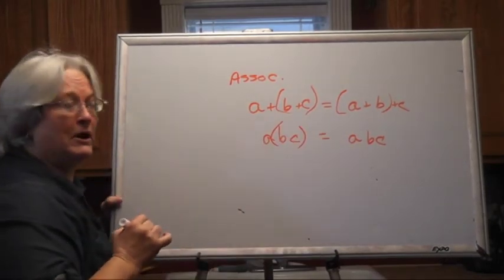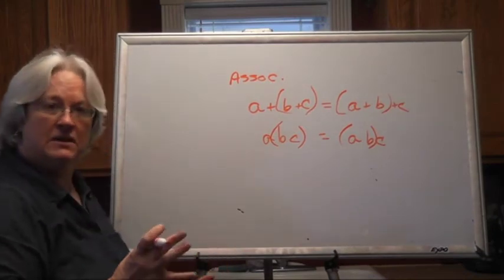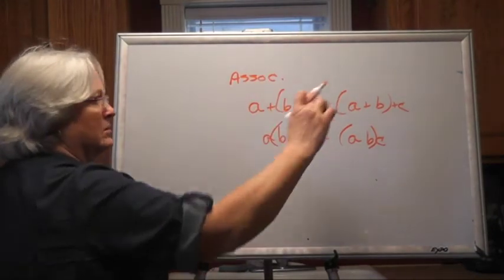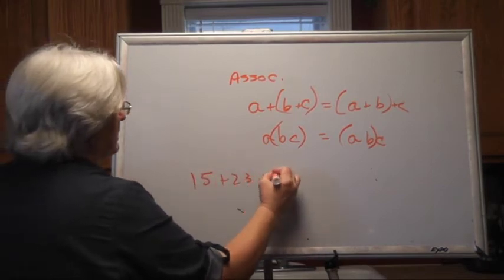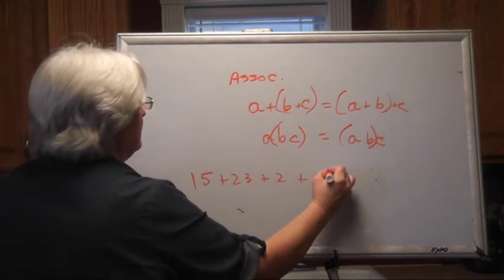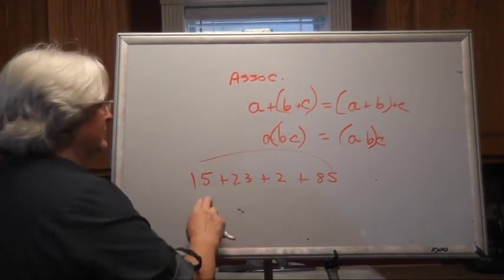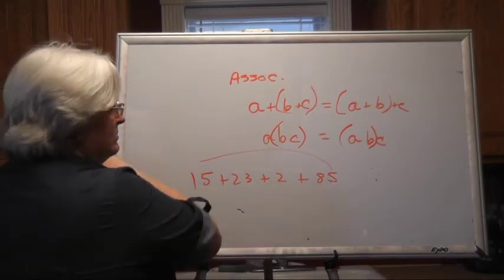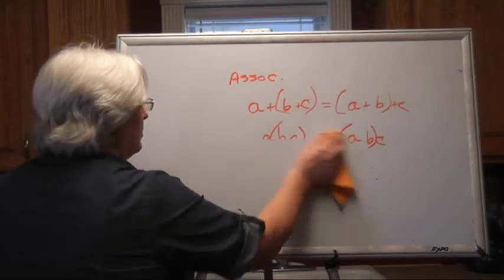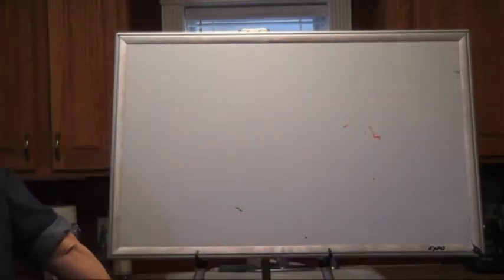What that says is this lets you group conveniently. If you have 15 plus 23 plus 2 plus 85, and you're doing rapid mental math, 15 plus 85 is 100, so the total is 125. It just lets you do things more conveniently. That's the associative property.